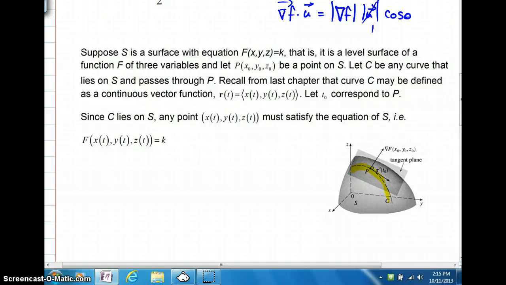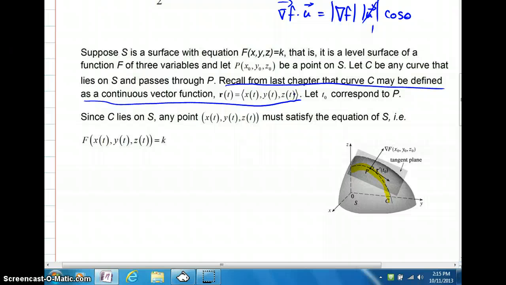And now we've got to recall from that last chapter that if you have a curve in 3D, we could represent it as a continuous vector function. So for that curve C, we've got vector components x of t, y of t, and z of t. And while we did that a lot, I still have this hanger up here where we were talking about tangent vectors and so forth, right?